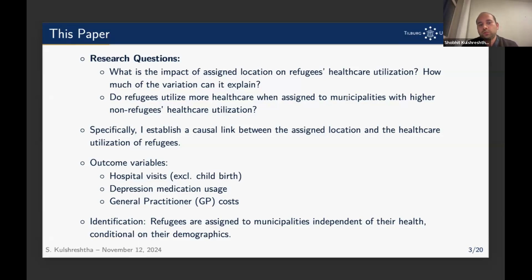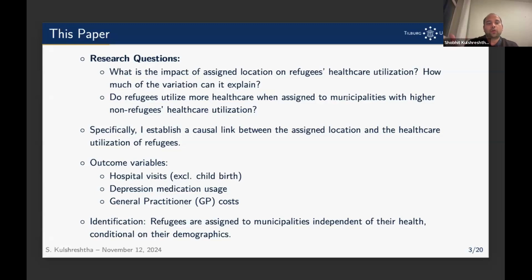The idea to use these three outcome variables is mainly to understand how well the primary healthcare works, and whether they are able to understand the primary healthcare system of the country, because that is the first thing that they would want to know once they start to integrate into society.